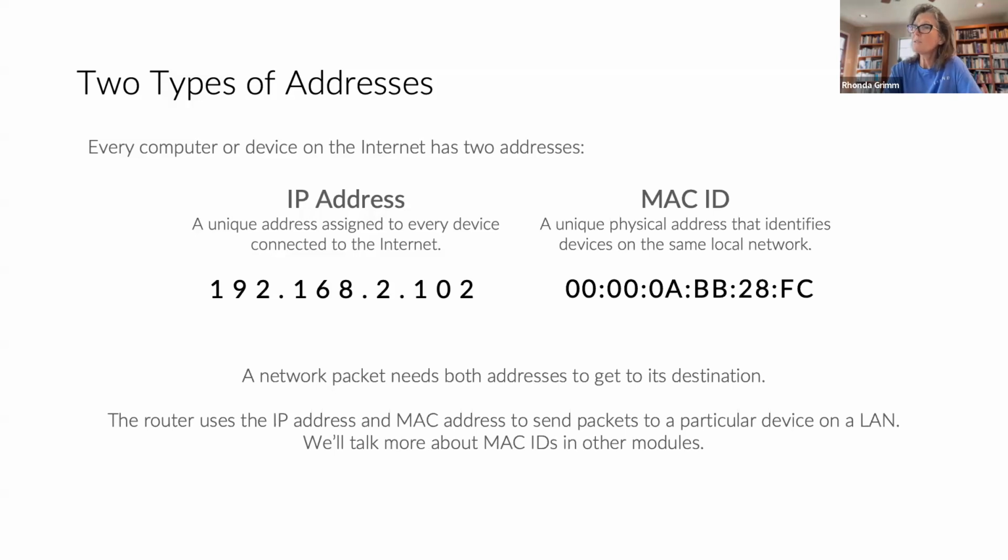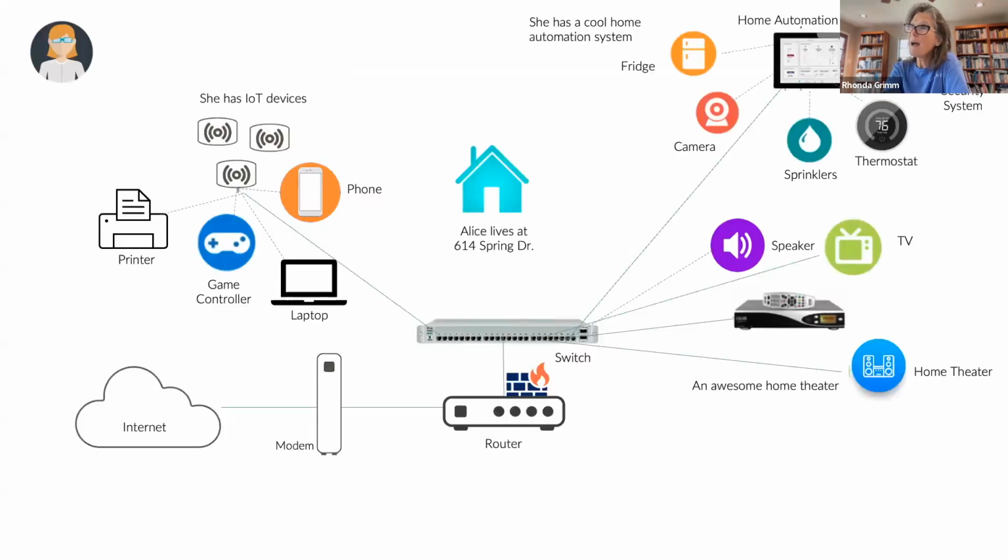The router uses both the IP address and the MAC address to send to a particular device on the LAN. We'll talk more about MAC IDs in other modules, but for our purposes right now, we're going to focus on the IP address. So going back to Alice's cool home automation system, this is how she sees her network.